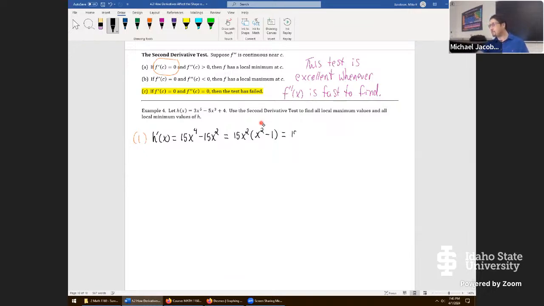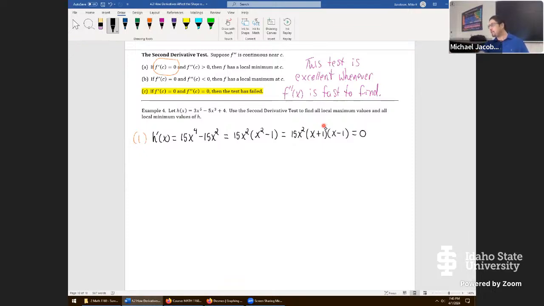It is now 15x squared times (x plus 1) times (x minus 1). And that's now our first derivative. I would differentiate it in this format because that's a product rule with 3 different factors, meaning you'd have 3 different terms. If I'm going for the second derivative, I'd be using this one right here. But over here is great for equation solving.